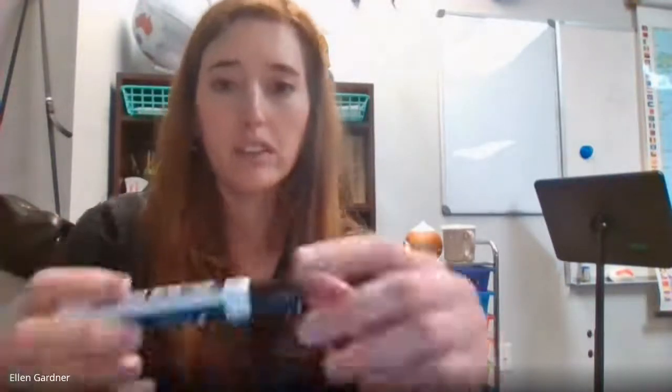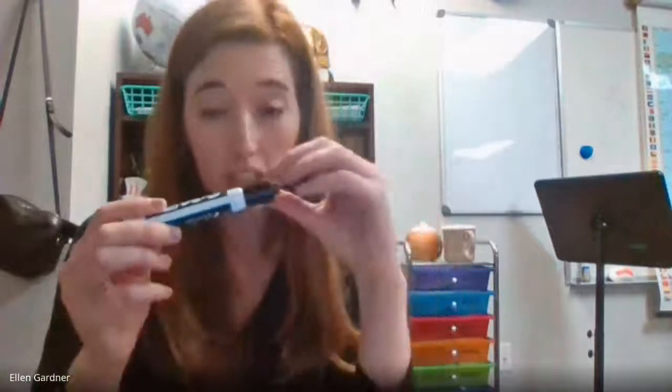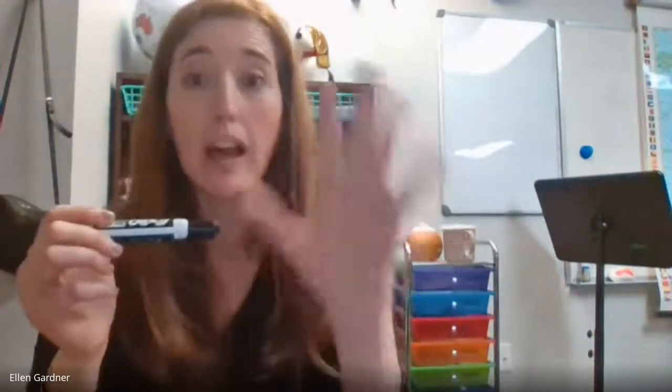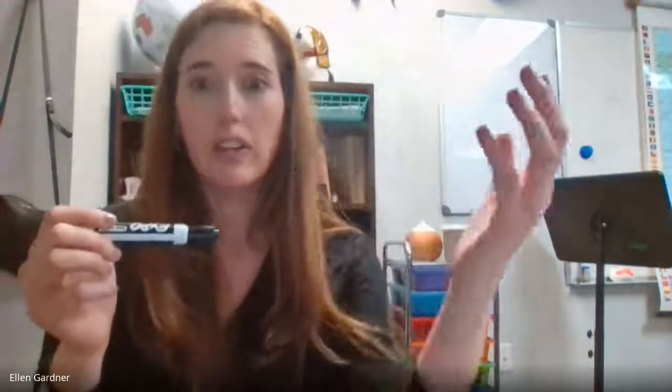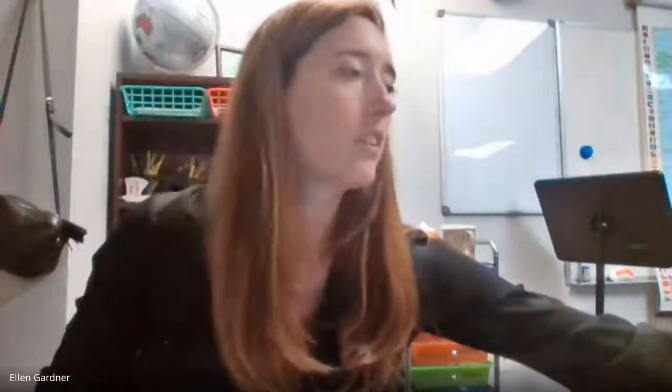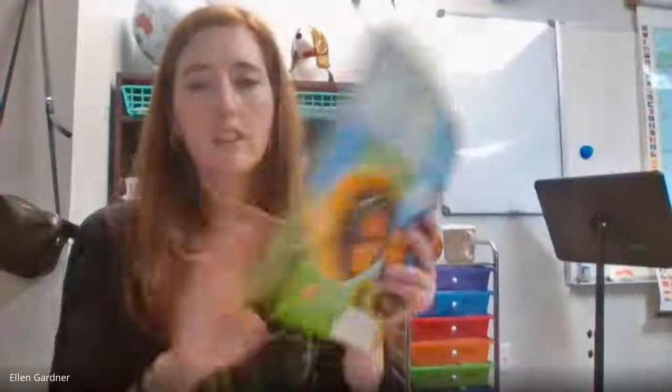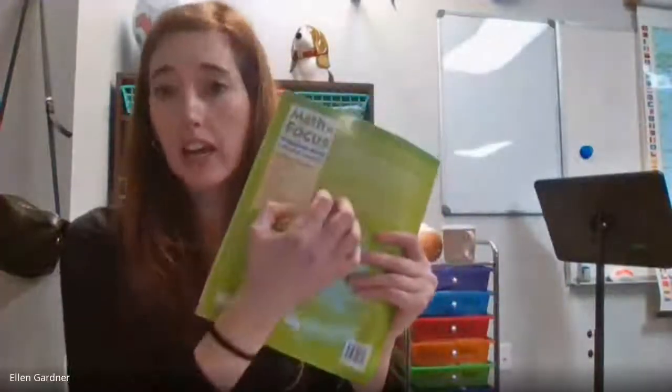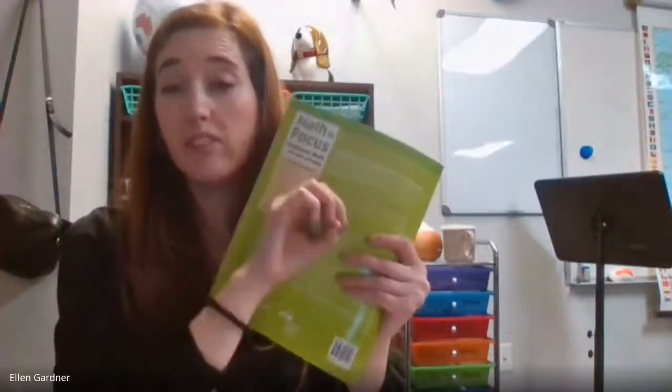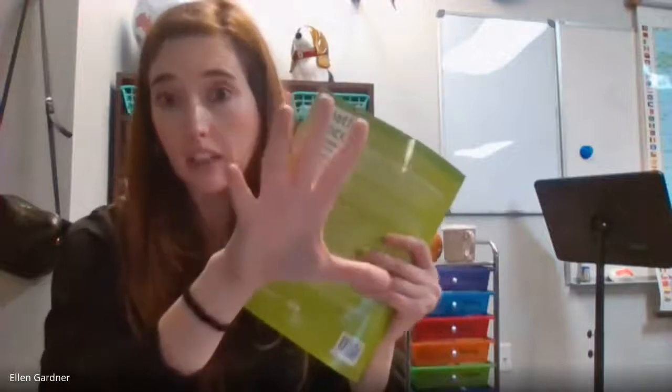So it's not that the object itself is giving off the color. It's taking in the light, and then reflecting back just the green to us at the back of this Math in Focus workbook.